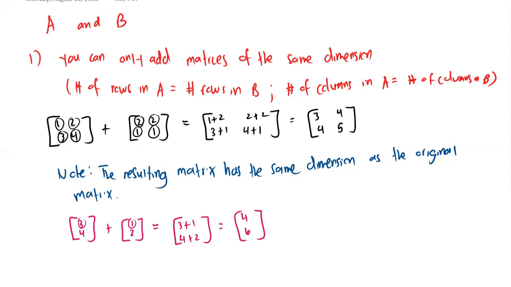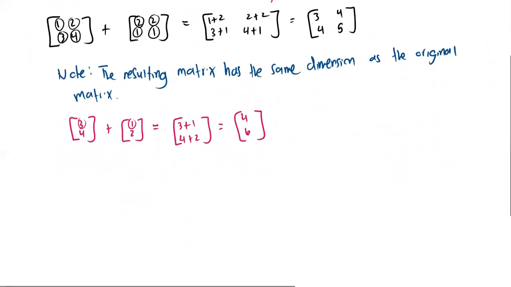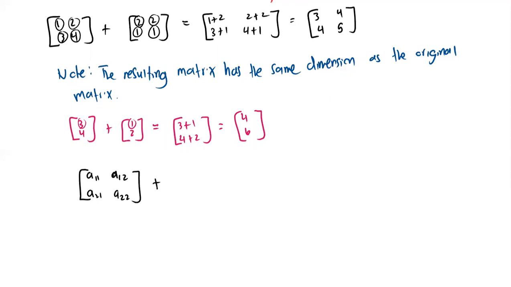Now, more generally, you have this formula, which you don't have to use, but it's a way to write matrix addition in a more general sense. If we want to add matrices A and B, where again I use this subscript notation, the first subscript tells you the row, and the second subscript tells you the column. Notice A11 is because it's in the first row, first column.